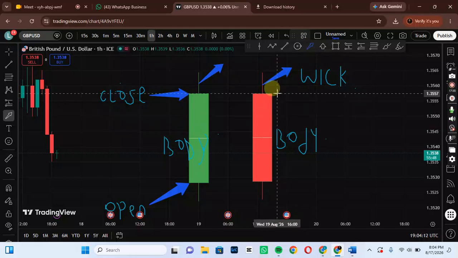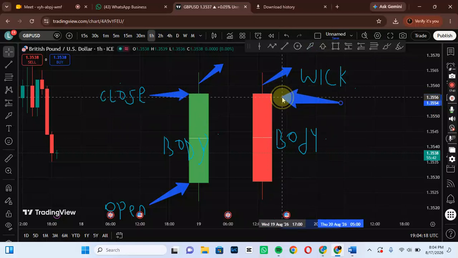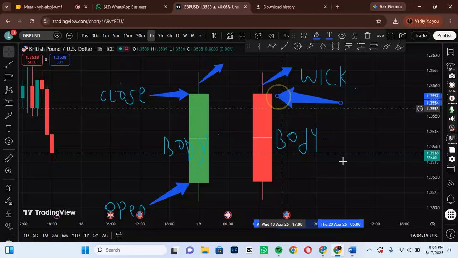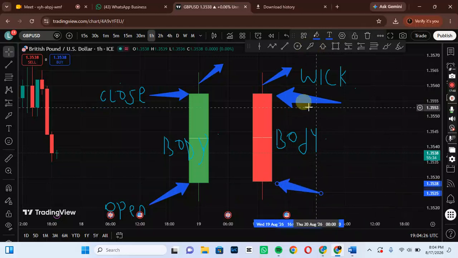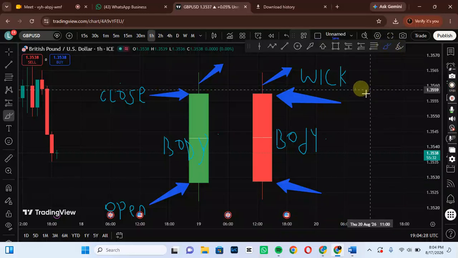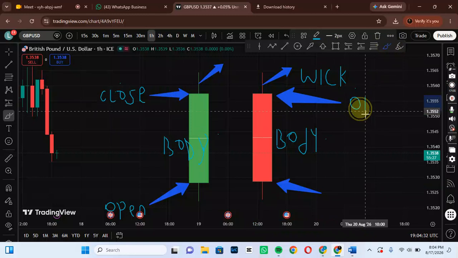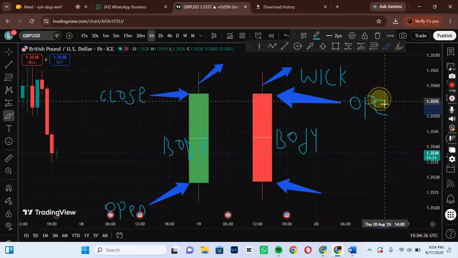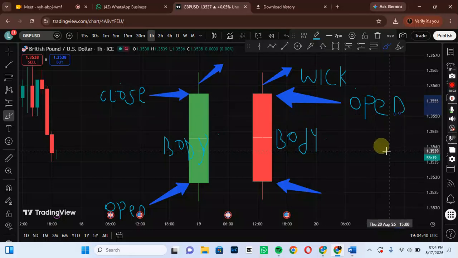The bearish candle opens at this point and closes at this point. So now we have our open here, and we have our what?